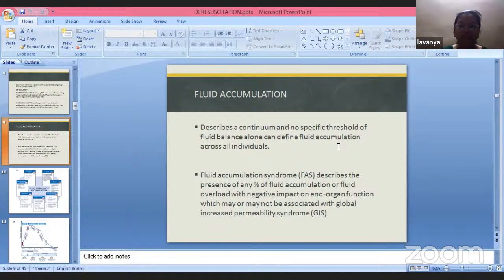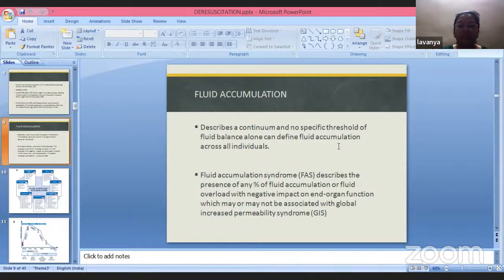No, intravascularly there can be normovolemia or hypovolemia also. Basically, accumulation describes a continuum. In all individuals, we cannot keep a specific threshold that this many liters accumulated, this much has to be removed. This specific threshold cannot be given.